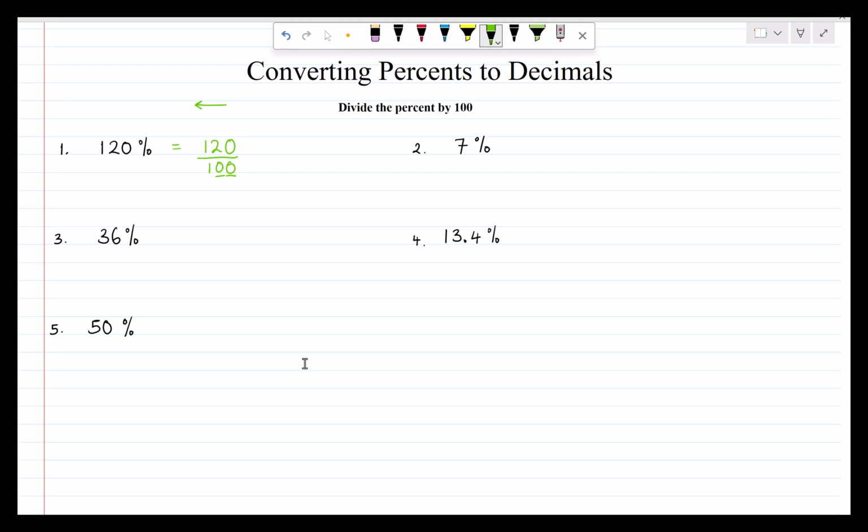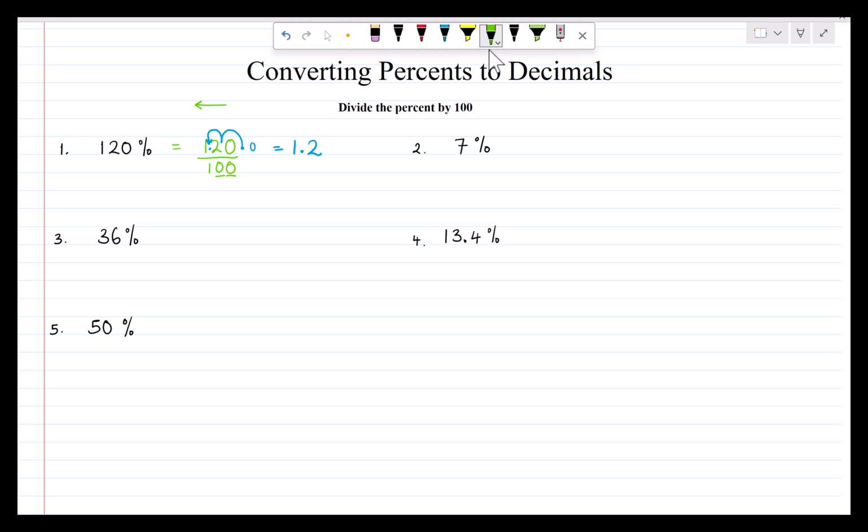So we are going to pretend and say we had a decimal place right here, as we can rewrite this as 120.0. So we are going to move the decimal point 2 times to the left-hand side. So that is 1, 2. And this is where we will be having our decimal place, meaning that our answer would be 1.2.